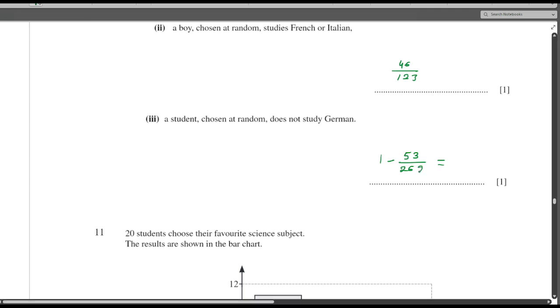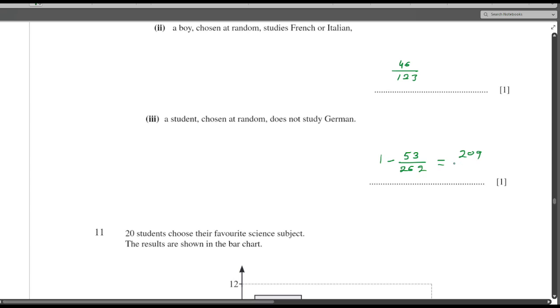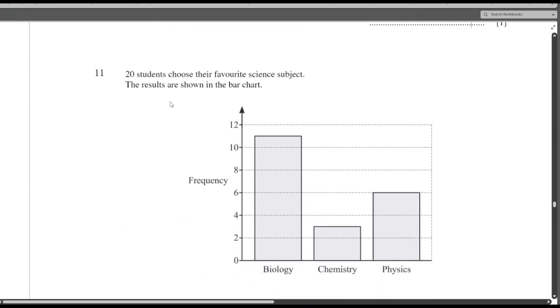So 1 minus 53 divided by 262. Answer is 209 divided by 262.